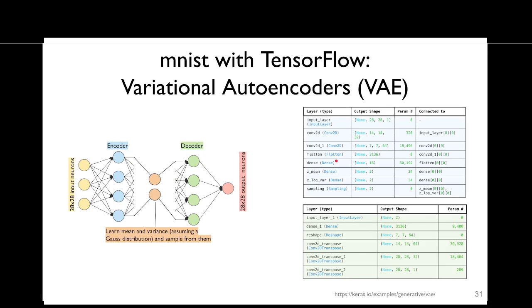And instead of having as this bottleneck an image, or not really an image, but a low dimensional representation of the image, we have a probability distribution. So we say, okay, you have a bunch of neurons here, and these neurons learn the mean and the variance of a Gaussian distribution. And from this distribution, we can sample.